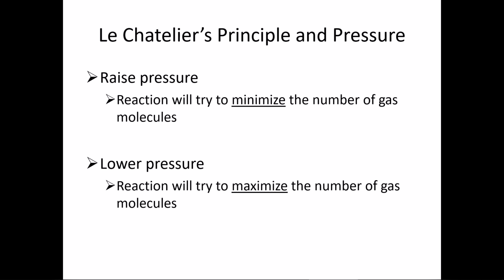So it will shift in the direction of the least amount of gas molecules to try to minimize them. If I lower the pressure and I give it more space, it will try to maximize the gas molecules in order to take up as much room as possible. So again, trying to go back to the state it had before. So it will move in the direction of the greater number of gas moles.